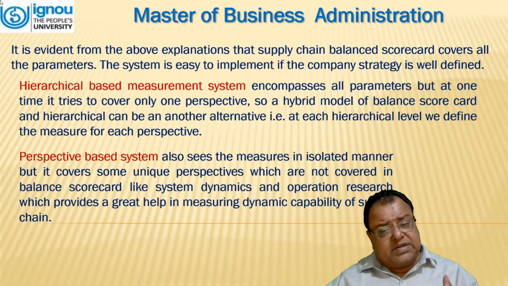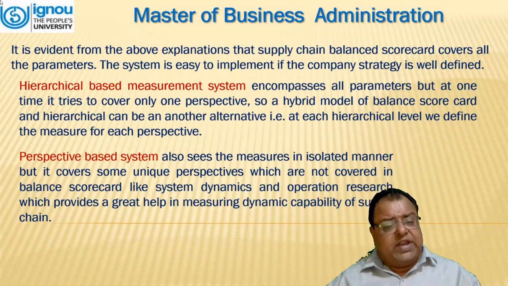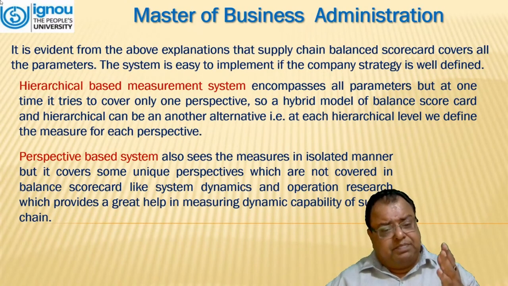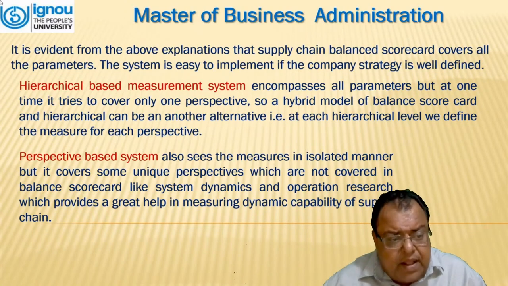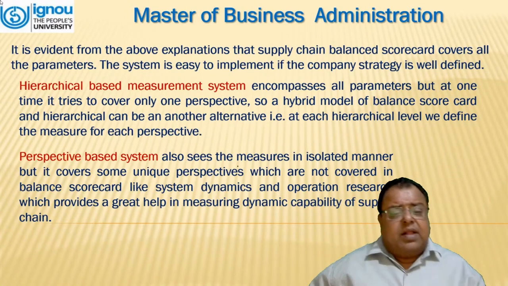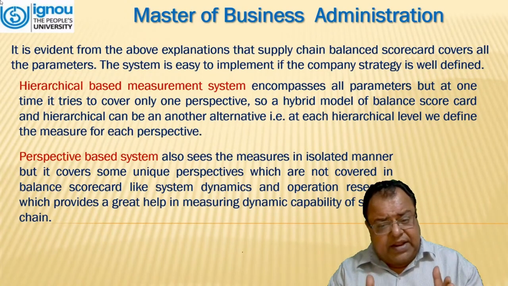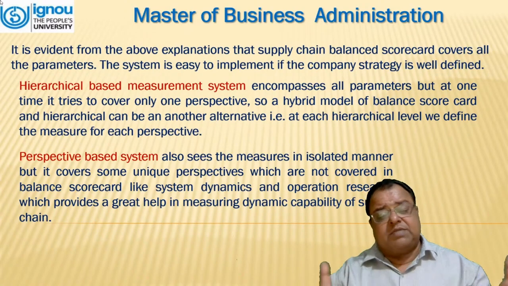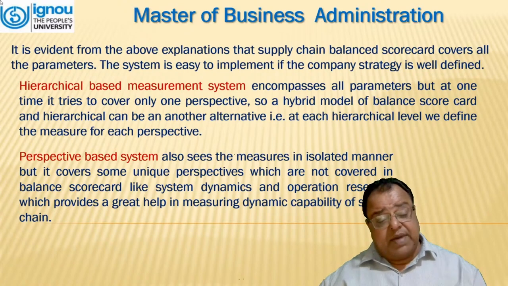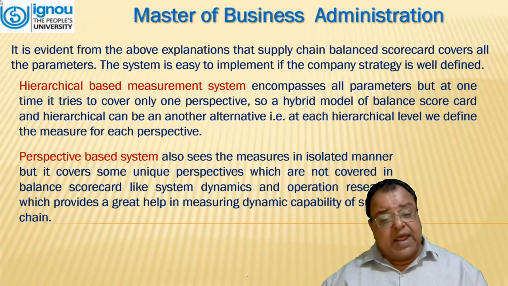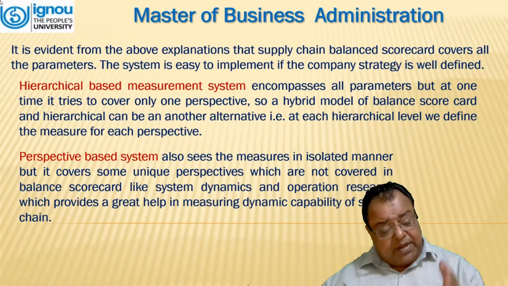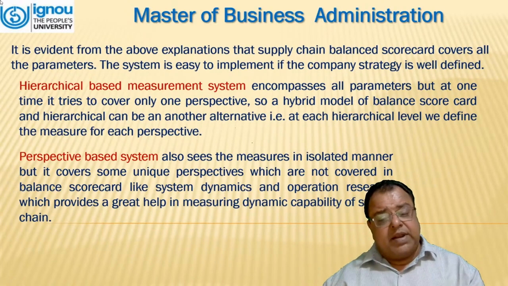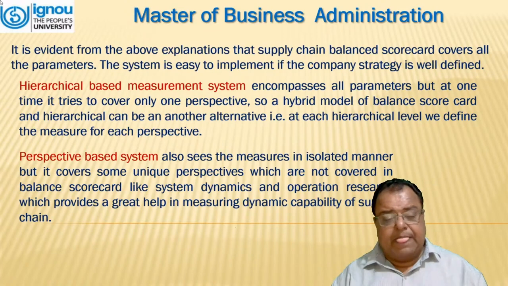That is, at each hierarchical level, we define the measures for each perspective. A perspective-based system also sees the measures in an isolated manner, but it covers some unique perspectives which are not covered in the balanced scorecard, like system dynamics and operational research, which provide great help in measuring the dynamic capability of the supply chain.